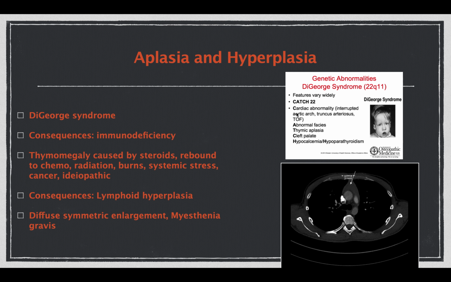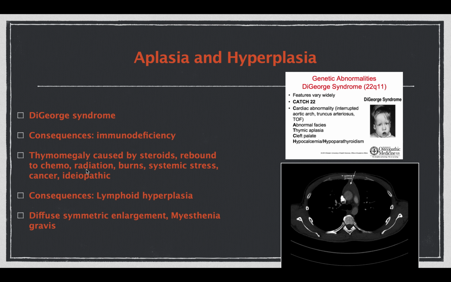C for the cardiac abnormalities, A for the abnormal facies, their faces look a little strange, and thymic aplasia, cleft palate, and because of that, the hypocalcemia and the hypoparathyroidism. All that is because there are going to be problems with the thymic gland and the thyroid gland. So the consequence of this is going to be immunodeficiency.